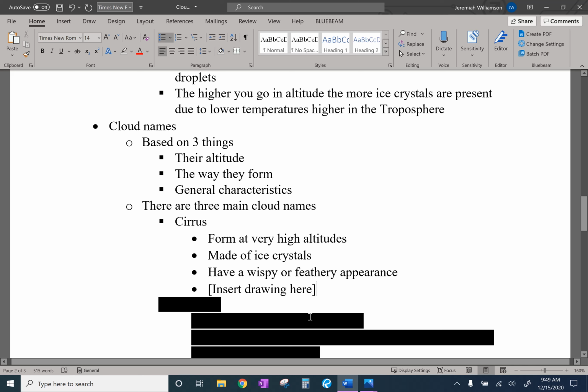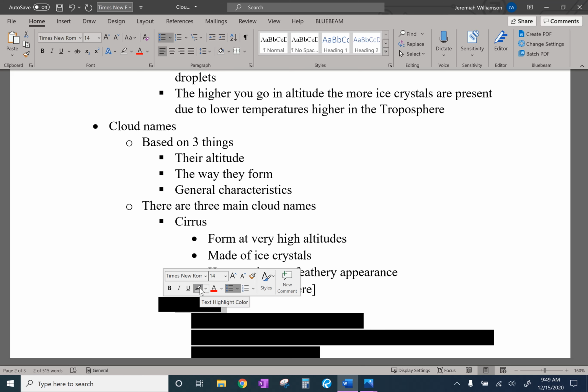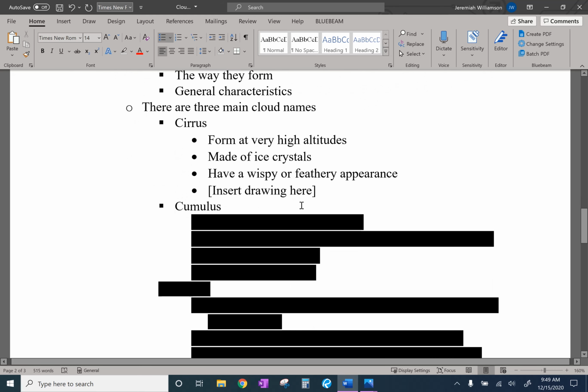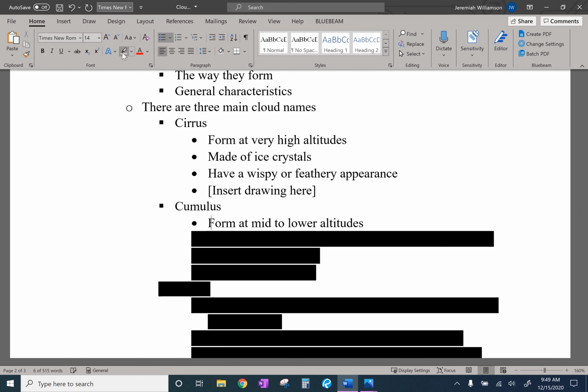All right, so the next type we're going to talk about are cumulus clouds, and these are the ones probably when you hear the word cloud that you think of, just because of the way that they look. So these form at mid to lower altitudes. This would be closer to the ground, all the way up to, not super high in the atmosphere, but high enough.